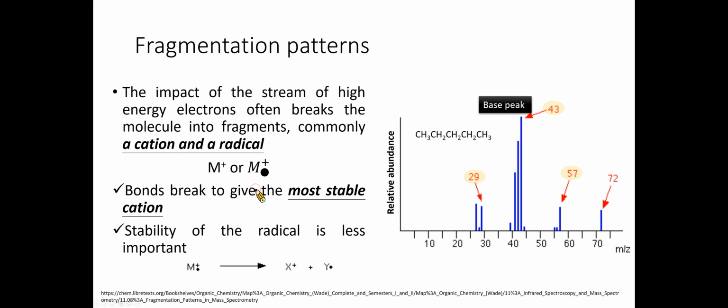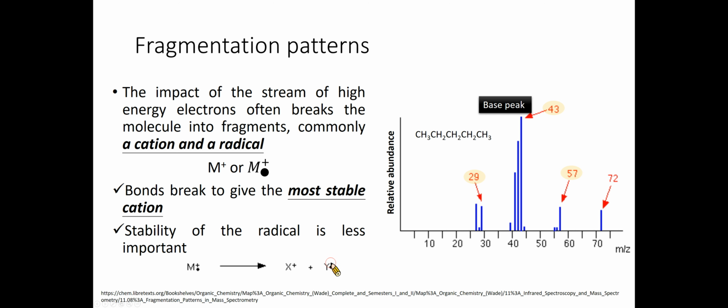The molecular ions are energetically unstable, and some of them will break up into smaller pieces. The simplest case is that a molecular ion breaks into two parts, one of which is another positive ion, and the other is an uncharged free radical.